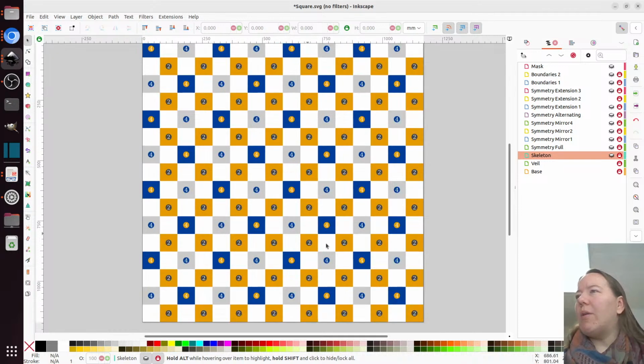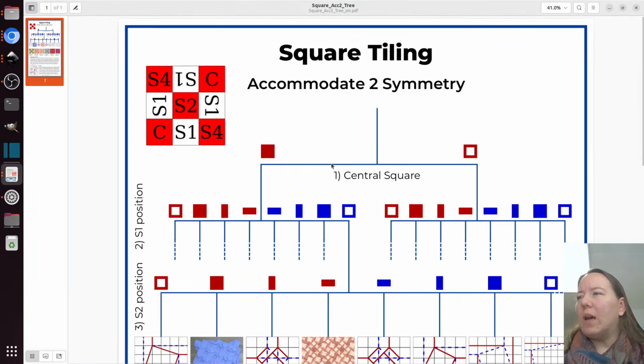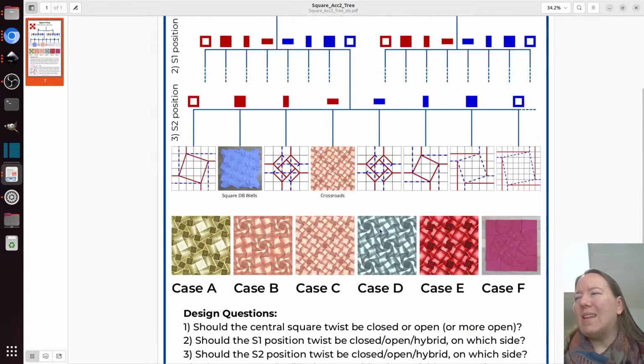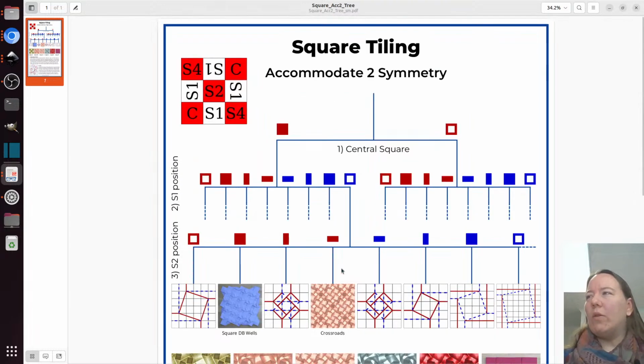And one other thing I want to mention is that just because I set this up as choices from the central square to the S1 to the S2 to the S4 position, that doesn't mean we have to make those choices in that order. You could choose S4 and S2 first and then work your way to S1 and the central twist.